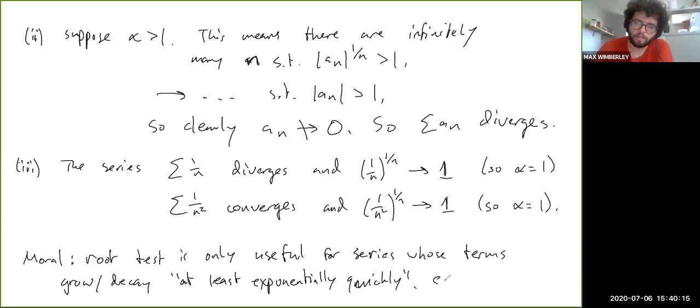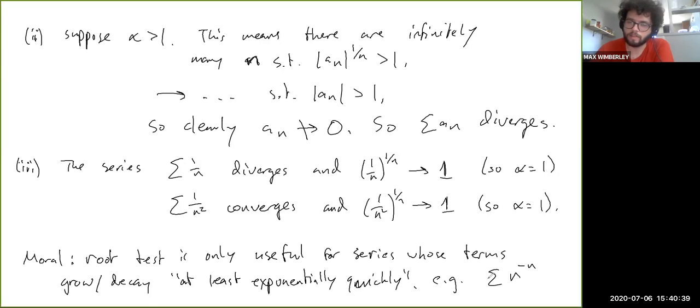So something like the series of n to the minus n, right? n to the minus n is clearly not an exponential function because the base here is not constant. It's actually n being raised to the nth power and then taking 1 over that.